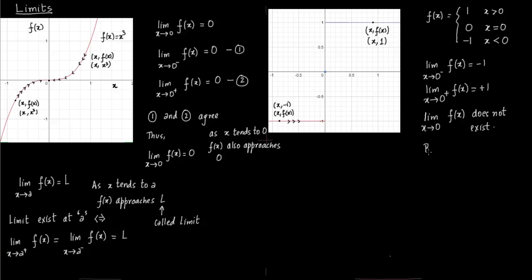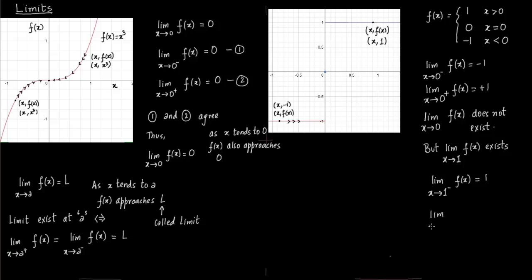So let us give an example of this. For example, if x tends to 1, then f of x, which is the function we have written above, exists. So let us see. Now again, x tends to 1. That means x is greater than 0. So if you are very close to 1 but on the negative side of 1, that is at numbers less than 1, then f of x is just 1.